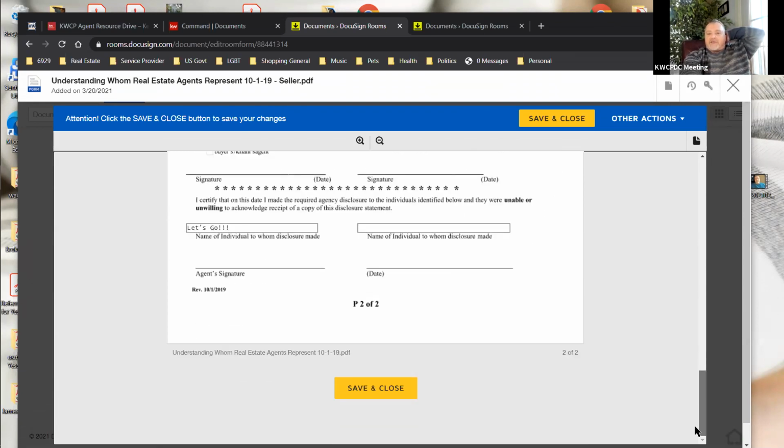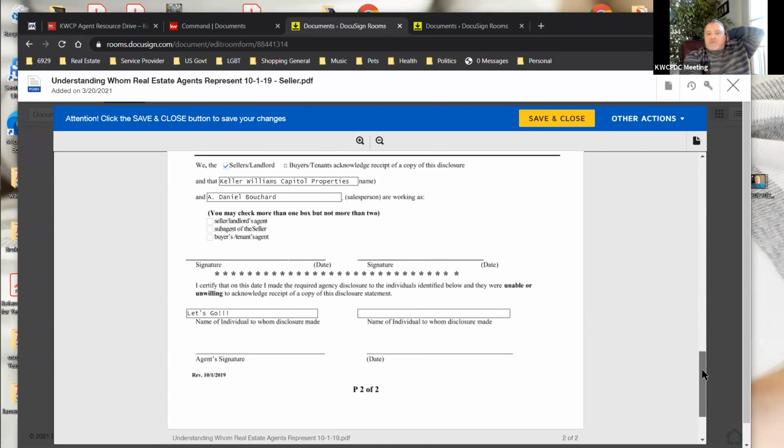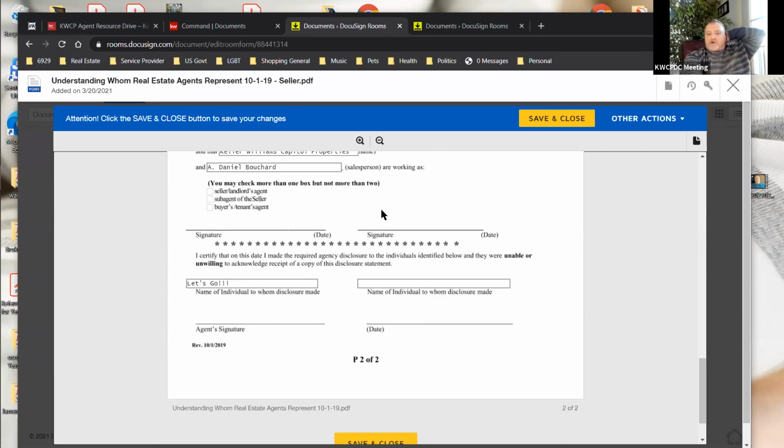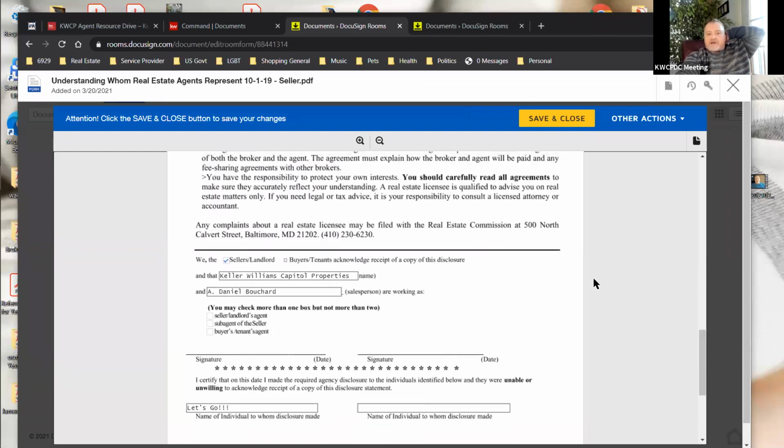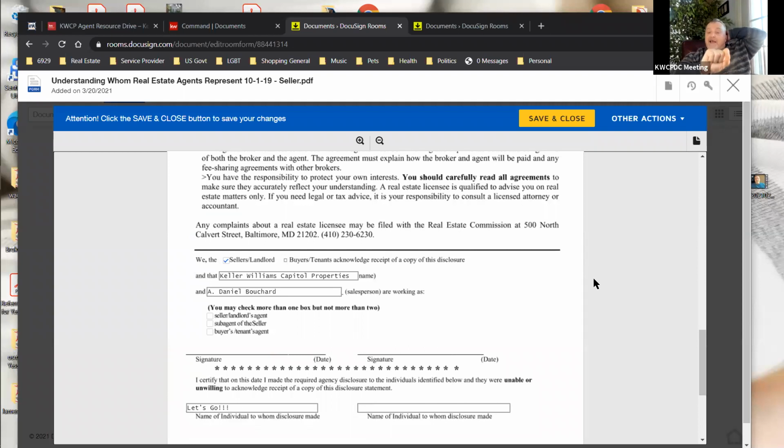The agent showing the property must have sent this form to the buyer, showing them that you are not representing their interests and that you are representing the interests of the seller at that moment of the showing. Now, this doesn't need to be delivered to the listing agent. This needs to be held in your files, and if it's needed later on, then you'll move with that.